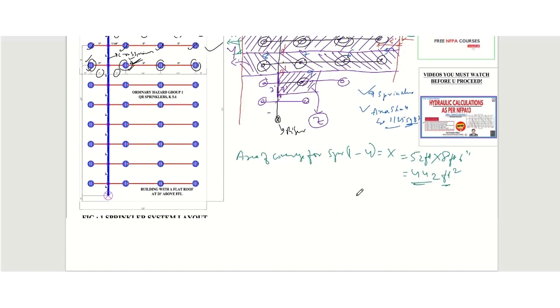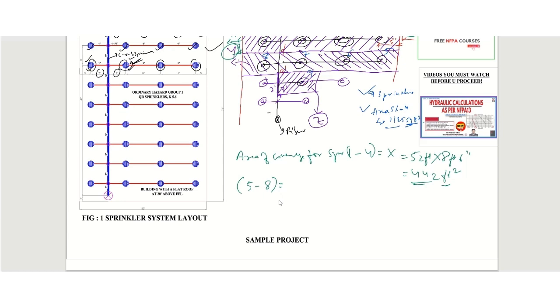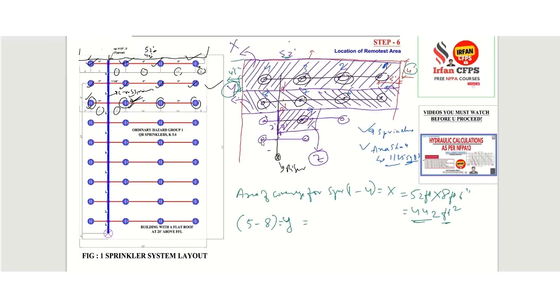Please remember this. And now we will calculate the area of coverage for sprinklers 5 to 8, which we mentioned as Y. So that is equal to, this will also be 52 feet multiplied by this distance.